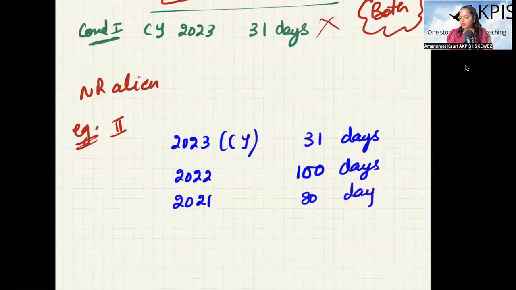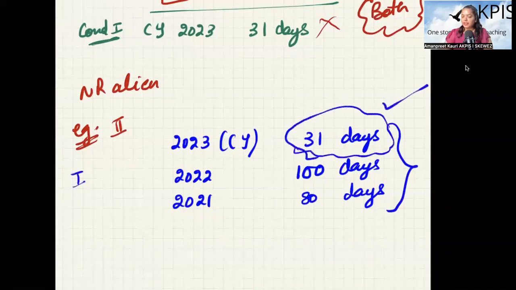Altogether, you're supposed to add. First of all, condition number 1: he's there in the current year for 31 days. Yes. Now it becomes mandatory to check condition number 2, because he's there in the current year for 31 days, so the second condition also needs to be satisfied.